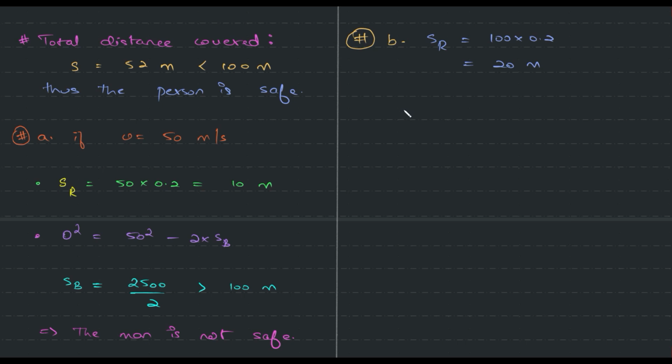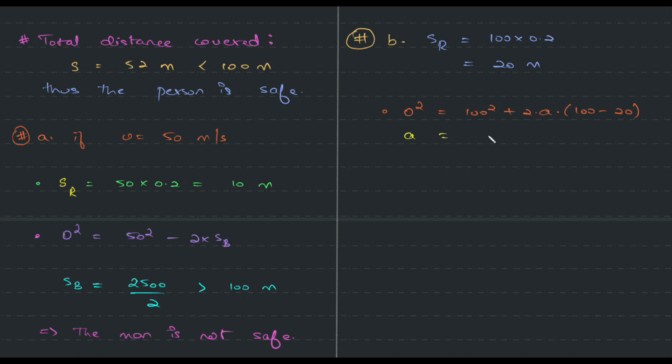Now, post deceleration, we have 100 squared plus 2 into a, which is what we need to figure out, and this is 100 minus 20, because he's already covered 20, so the remaining distance is 80. So within 80, we need to figure out what the deceleration should be so that he's safe.